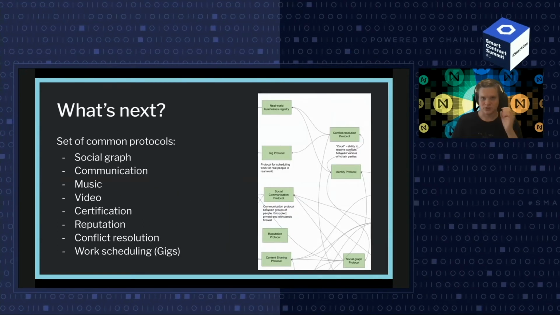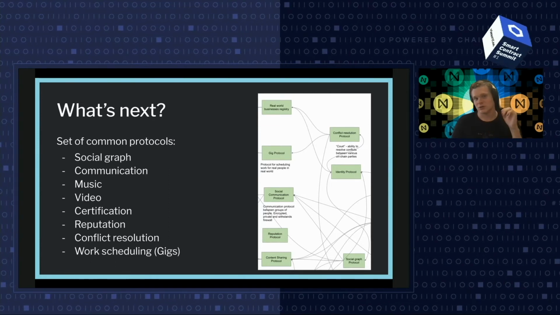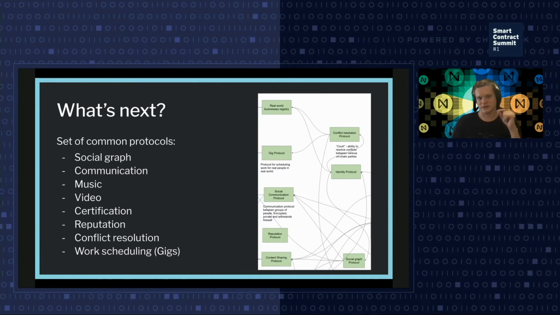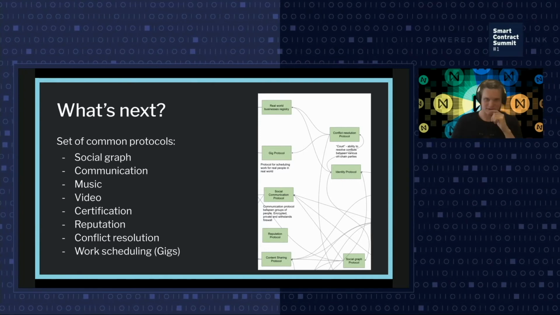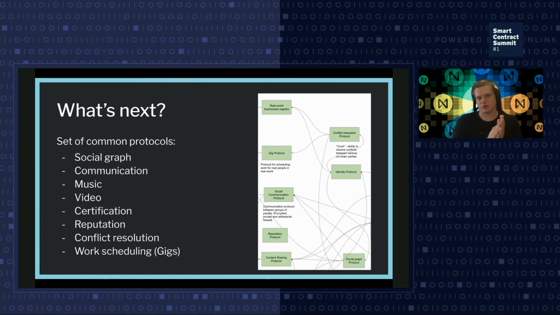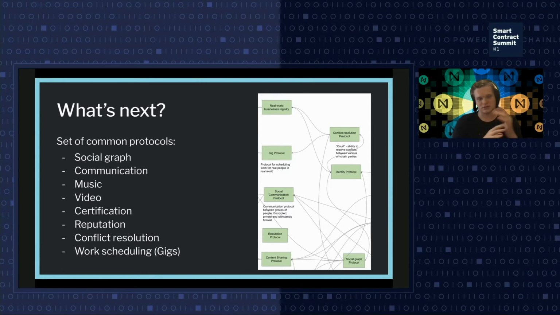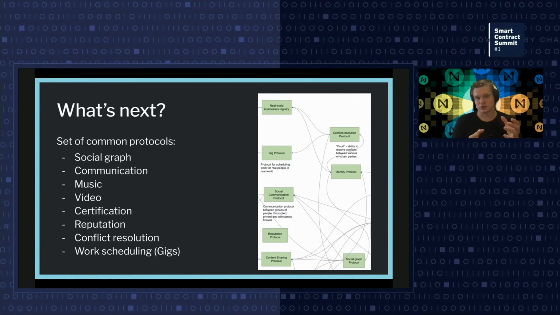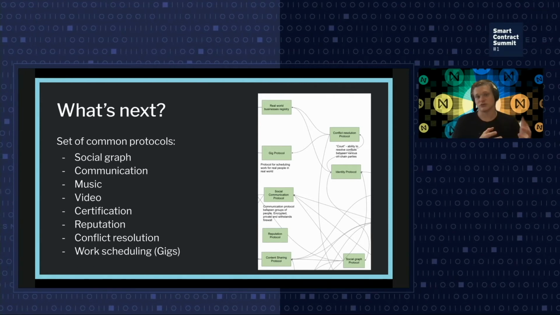So what's next? What's missing? Why is it not on my phone right now? Well, we're missing a lot of common protocols that applications will then be built on. So this is zooming in on another part of the graph: a set of protocols that connect people to social graph, communication, music, video, reputation. Conflict resolution is super interesting. This is where using Chainlink, for example, as a building block is really important.